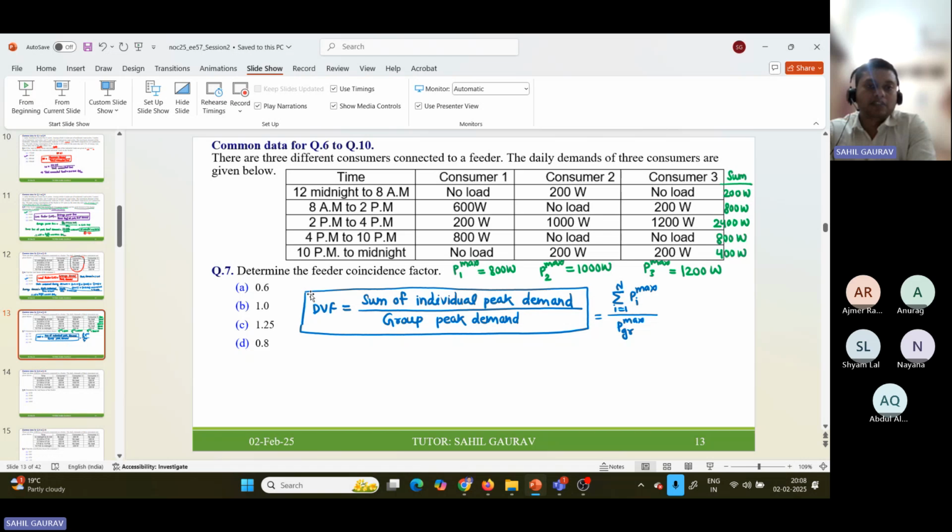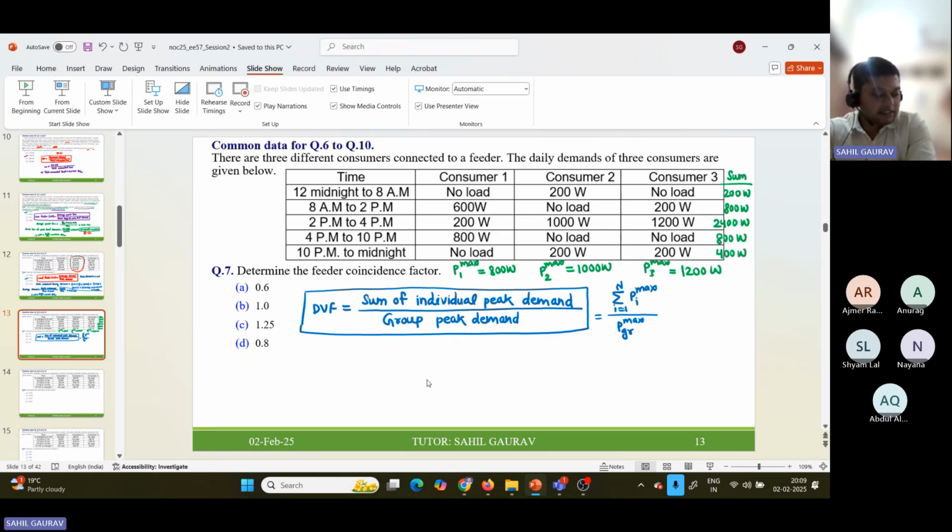From the name you can suggest that if its value is too large, then your load is too much diversified, means it is not matching with the group peak demand. The sum of individual peak demand is very high in comparison to group peak demand. Here this first module is only load modeling. So the loads connected to that feeder are very diversified if it has more value. That is the significance of diversity factor.